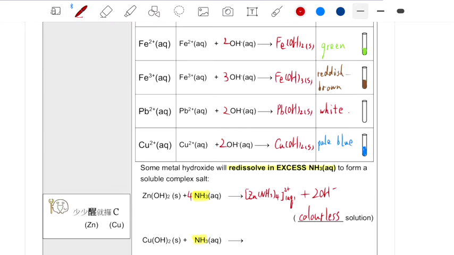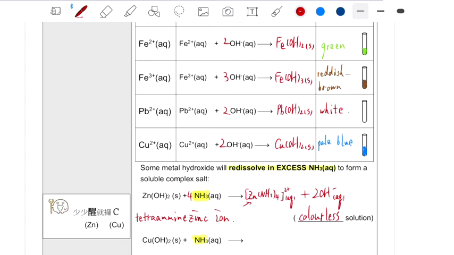And this complex ion is called tetraamminezinc ion. Okay, that's the first special case.